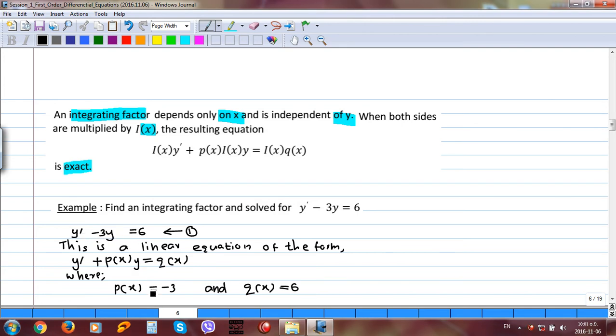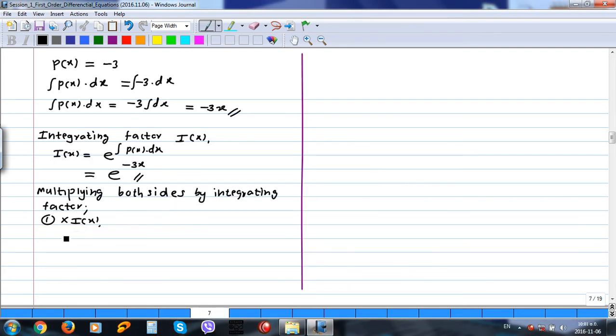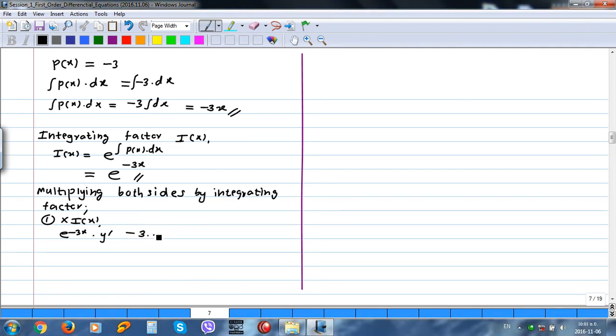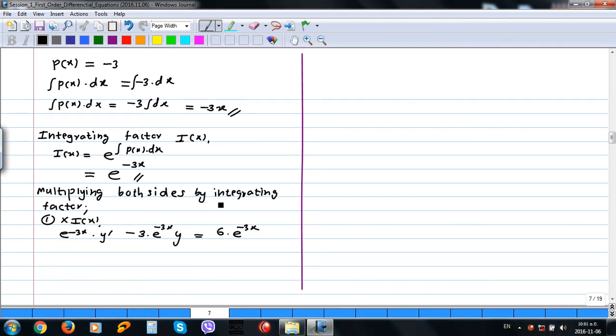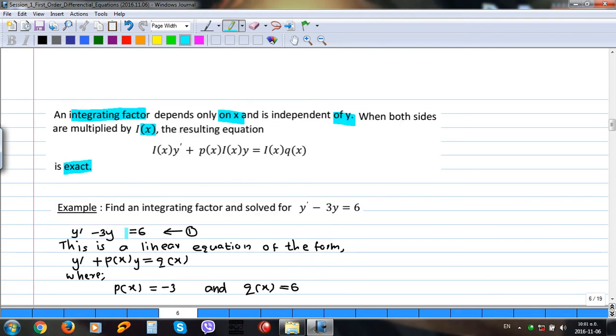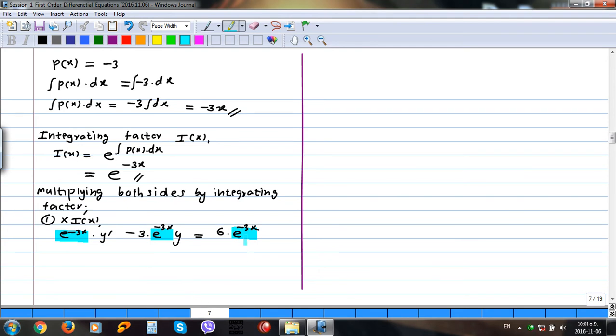So here we can write e to the power minus 3x times y dash minus 3 e to the power minus 3x times y equals 6 times e to the power minus 3x. So we multiplied the whole equation by the integrating factor, that's all, right? This equation multiplied by the integrating factor, then it comes this way.